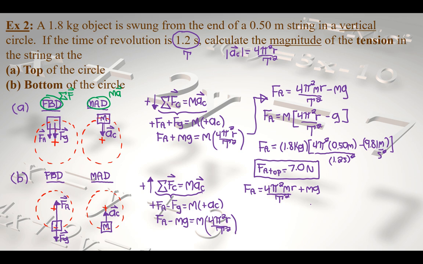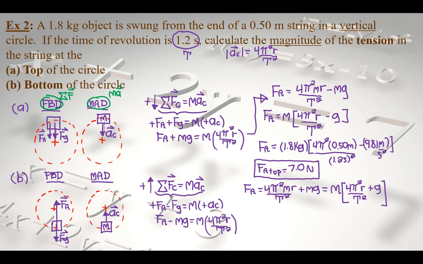We'll take it one step further and just simplify it. So I'm going to pull out the common m, and then this would be equal to m times 4 pi squared r over t squared in the first term, and then plus g in the second term.